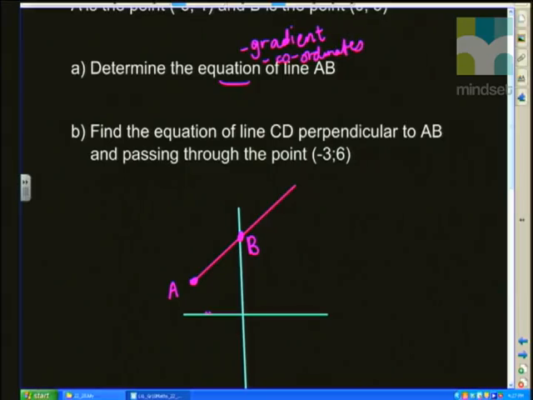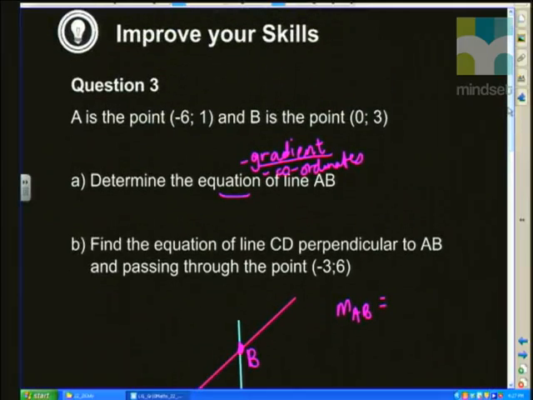You've got point A and point B. Therefore, we can work out the gradient using our gradient formula. So therefore, I can say the gradient of AB is going to be y2 minus y1, so 3 minus 1, all over x2 minus x1.